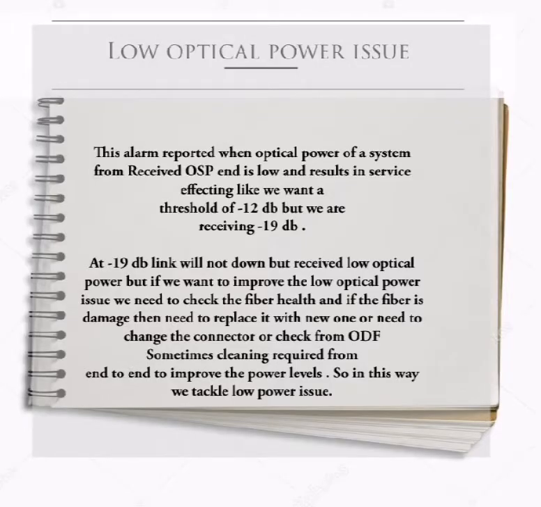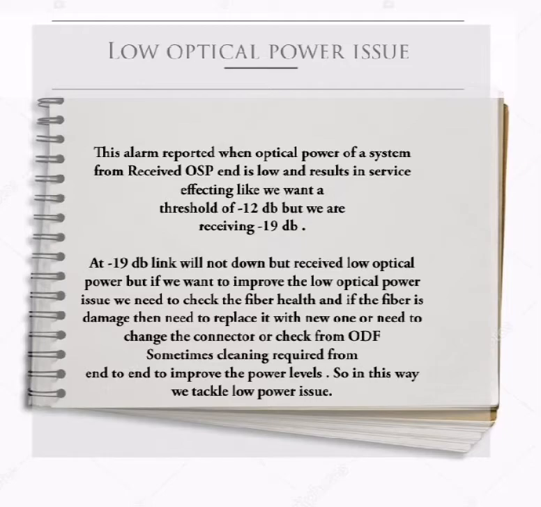So next issue. One is a low power issue. Low power issue is due to faulty ODF, faulty connectors, faulty fibers, and sometimes due to dirt. So sometimes its thresholds cross the limit, like minus 12 dB is the threshold, and you are getting low power of minus 19 dB. So minus 19 dB itself is a low power.